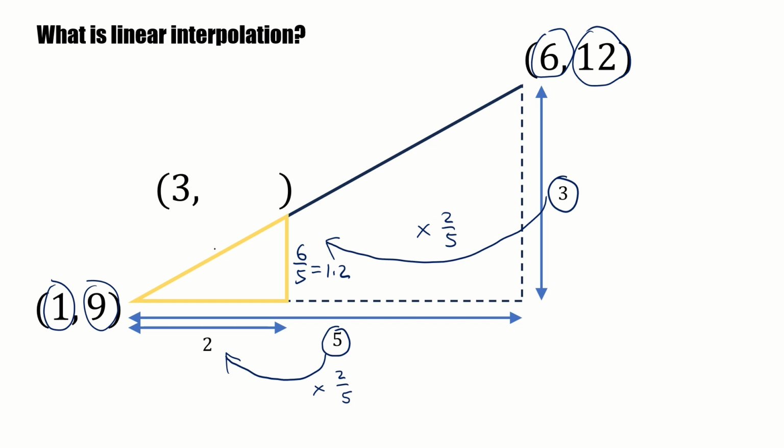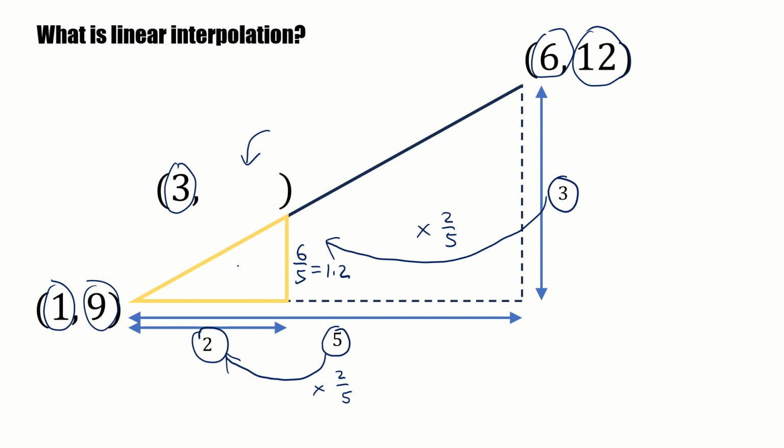And then if we're trying to find the y coordinate of this unknown point somewhere in between them, you might notice it's got an x coordinate of 3, which means horizontally it's a distance of 2 away from the point 1, 9. Hence why the width of the smaller triangle in my example was 2.